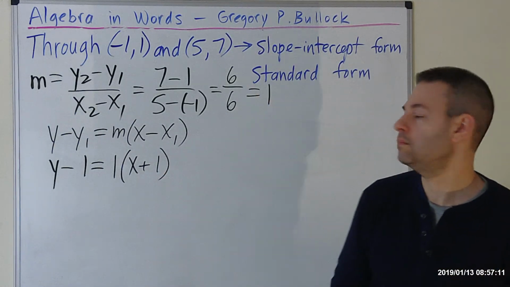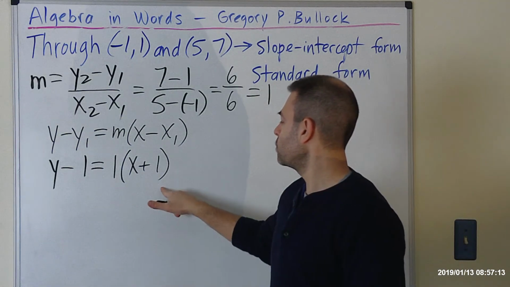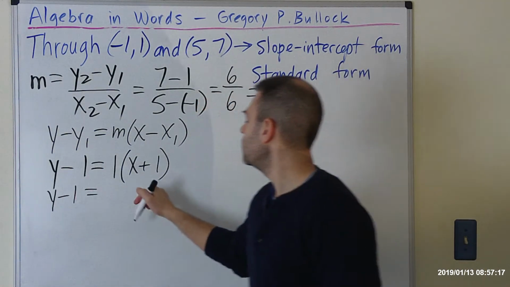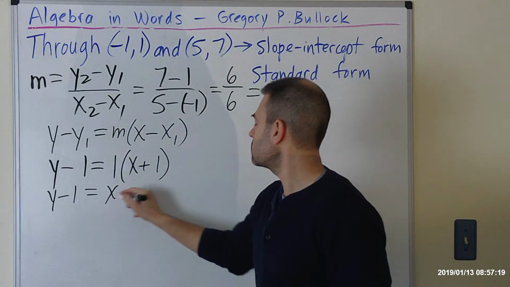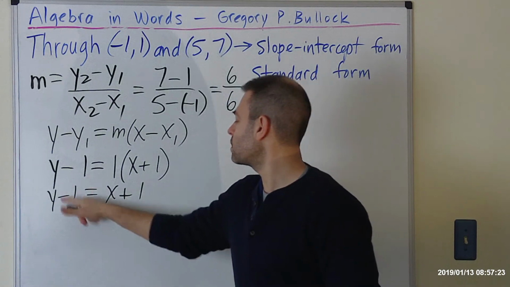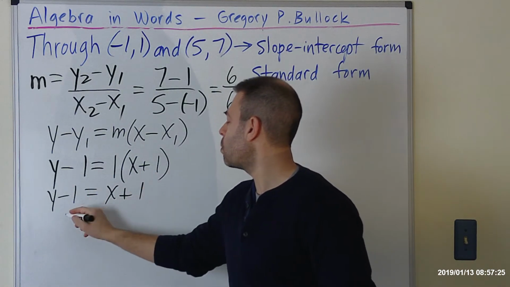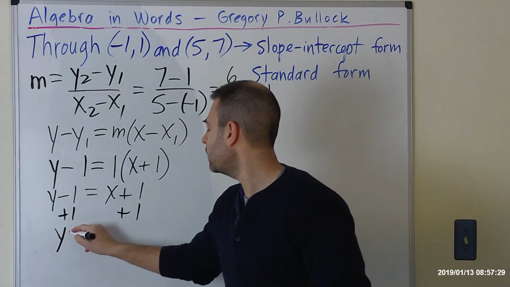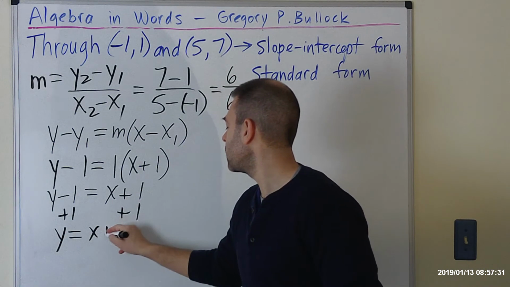Alright, let's distribute this through. I'm going to rewrite y minus 1 on the left. 1 times x is x. 1 times 1 is 1. Now let's move this number to the right by adding 1 to both sides. And we're going to get y is equal to x plus 2.